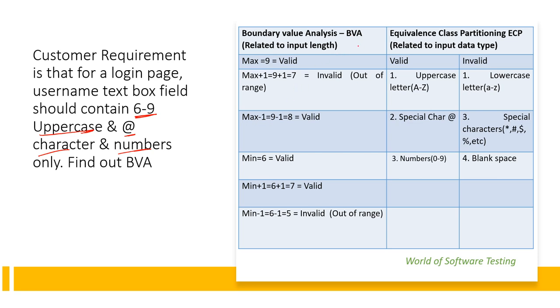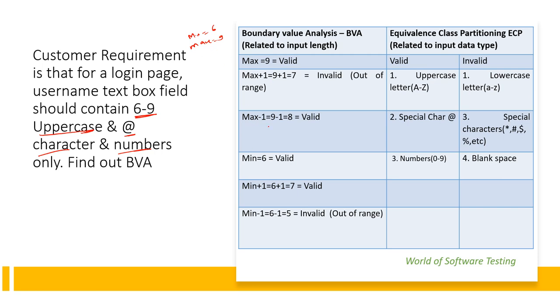As we already discussed boundary value analysis, the range is 6 to 9. So for BVA, we find the minimum is 6, maximum is 9. So we find min -1, min +1, max +1, and max -1.